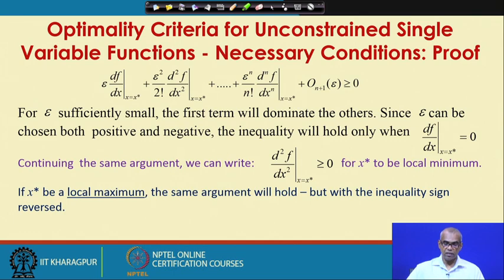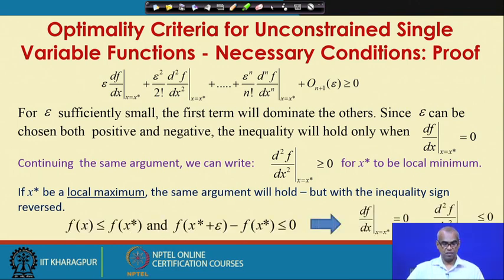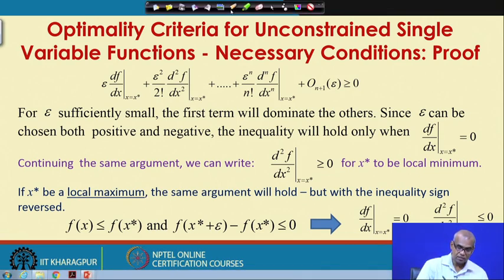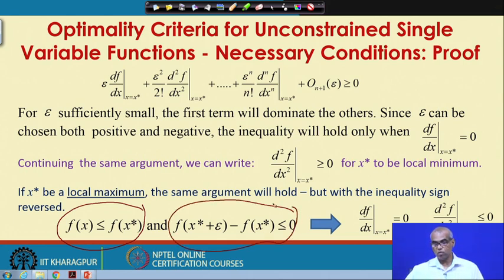Now, similarly, we can show that if x star is a local maximum, the same argument will hold, but with the inequality sign reversed. That means, if x star is a local maximum, then function value at x star will be greater than or equal to any other point in the surrounding, and f(x star plus epsilon) minus f(x star) will be less or equal to 0.